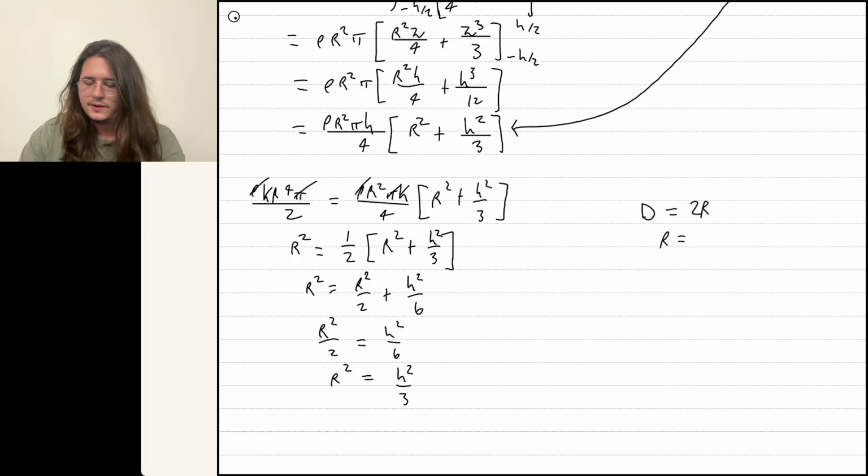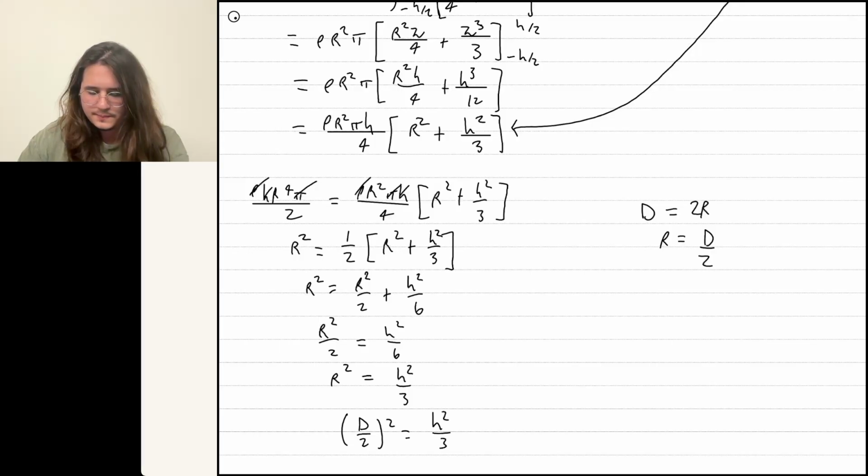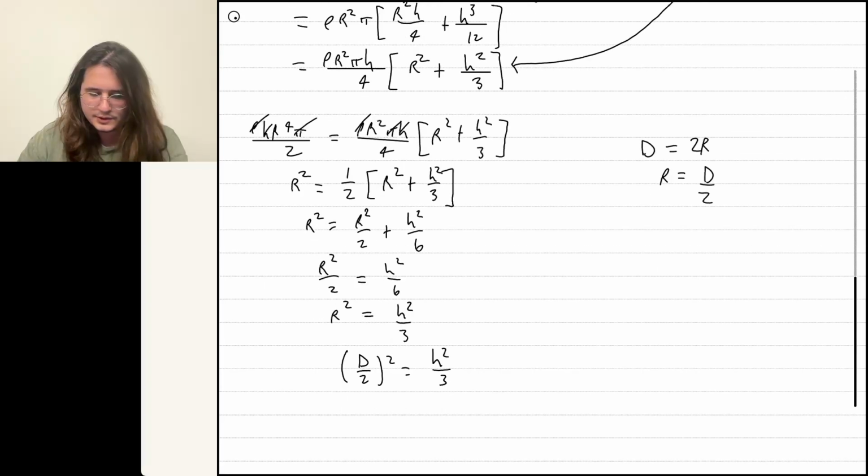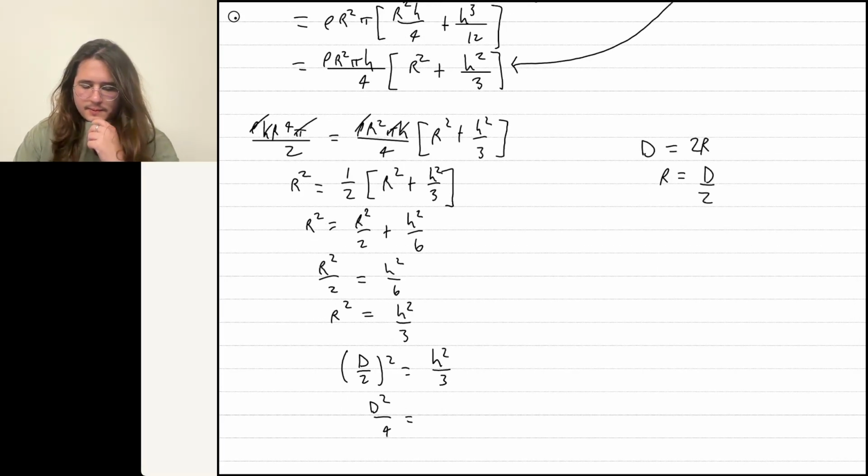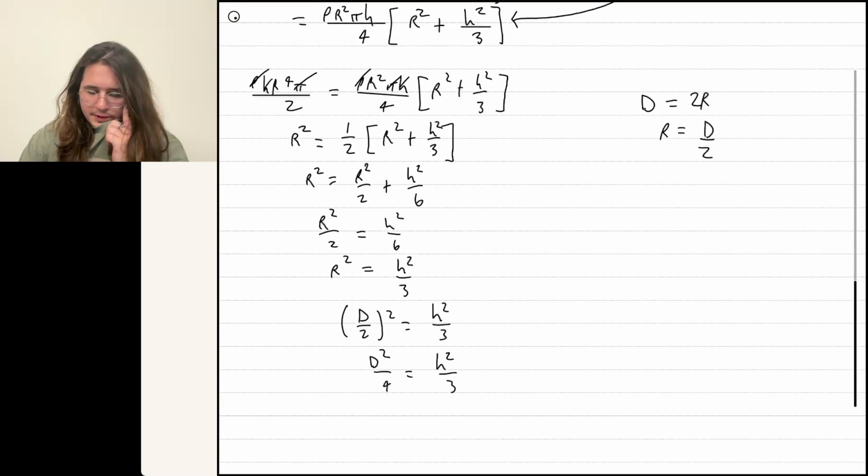So let's use r equals d over 2 now. So we've got d over 2 squared equals h squared over 3. Actually do the square now, so d squared over 4 equals h squared over 3.